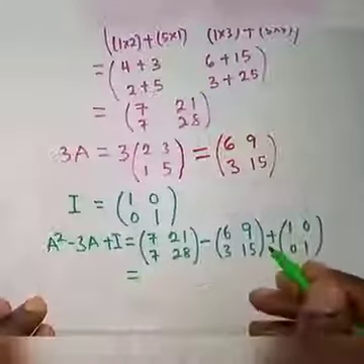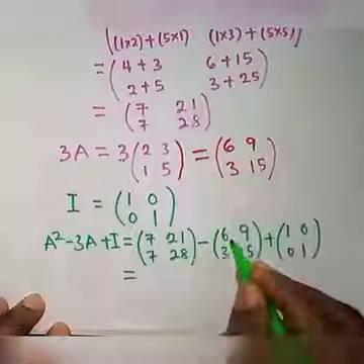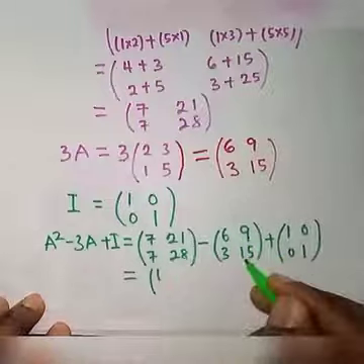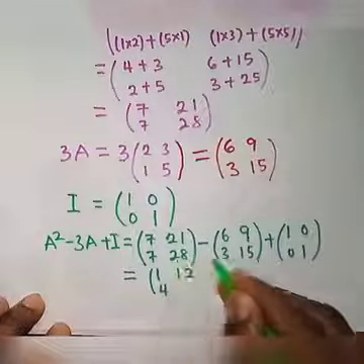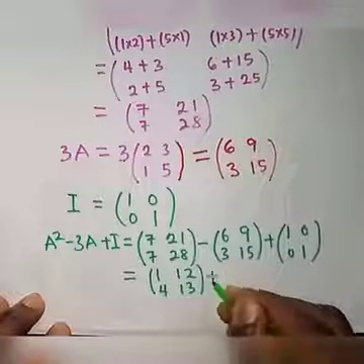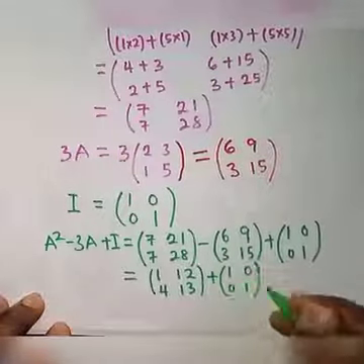So this is equal to, let's subtract this first. 7 minus 6 is 1, 21 minus 9 is 12, 7 minus 3 is 4, and 28 minus 15 is 13, plus the identity matrix 1, 0, 0, 1.